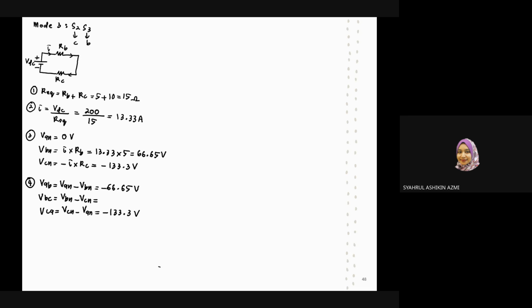VBC is 199.95. Okay, so these are the values for your line-to-line voltage in mode number 3.